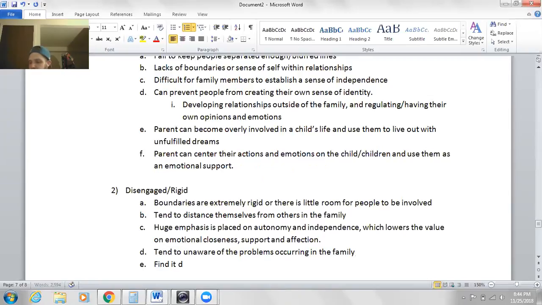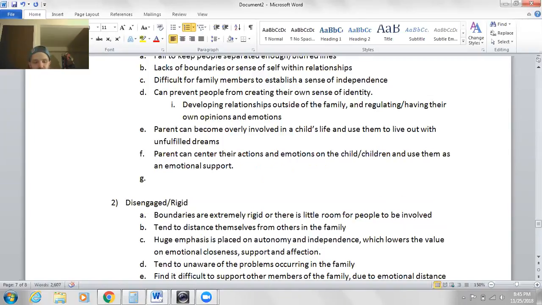Find it difficult to support other members of the family due to emotional distance. And I'll go back to enmeshed and provide a couple of examples, because I just realized that I didn't.